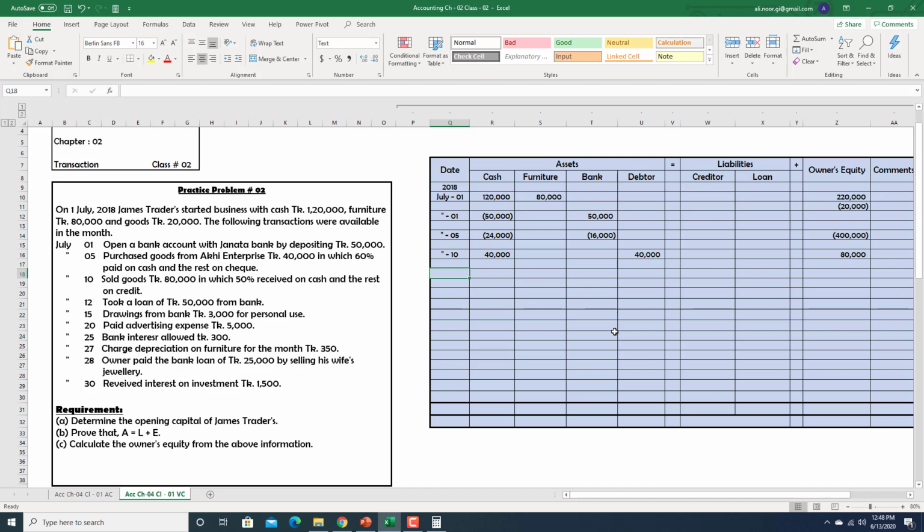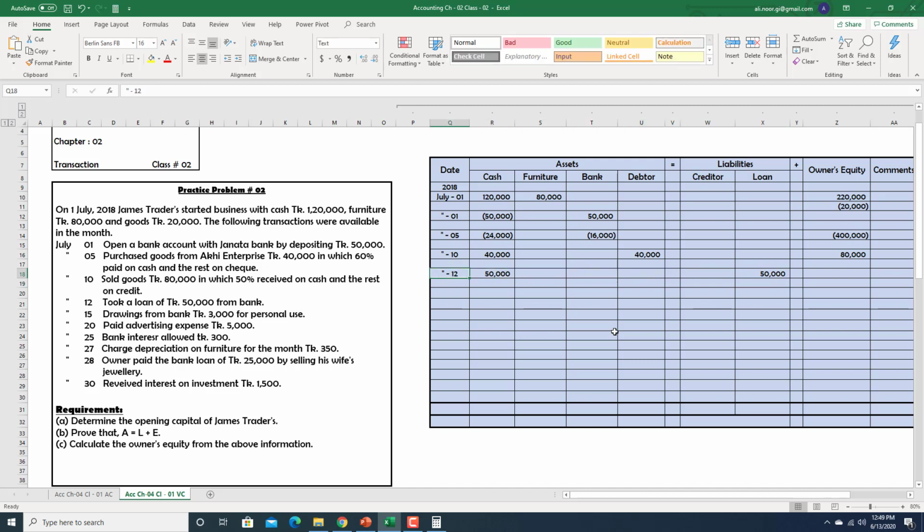So let's write it under July 12. Cash inflows 50,000, so we write it under the cash account. It will increase cash, and it will also increase the liabilities, denoted as loan under the liabilities tab. So right here 50,000. Okay, this is the solve of the July 12 transaction.